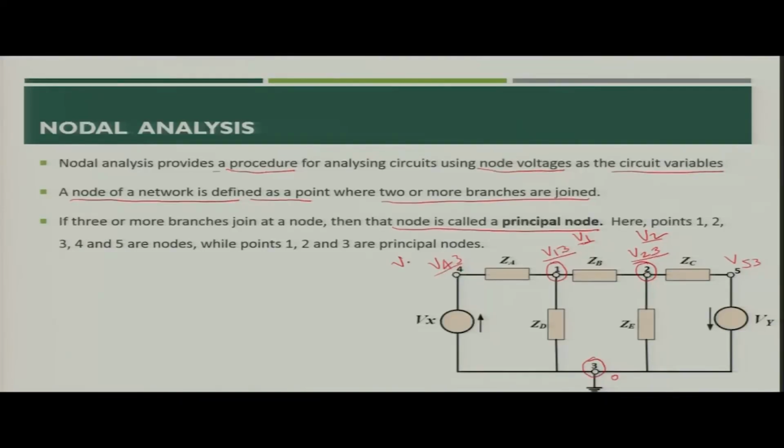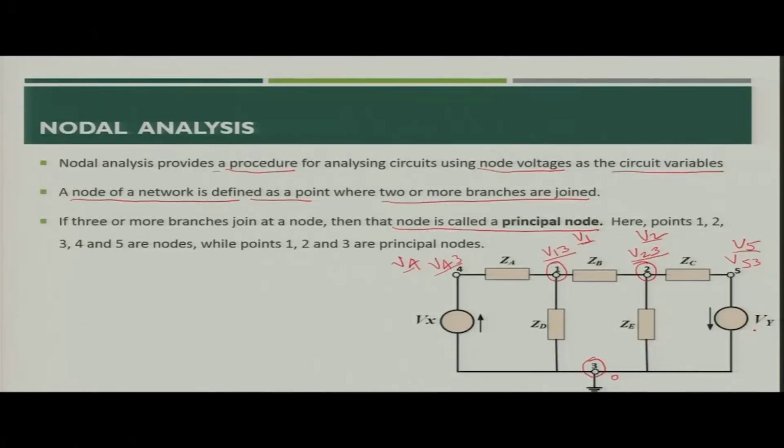If you are able to find the values of V1 and V2, you can find the values of V4 and V5. Here V4 3 can be written as V4 and V5 3 can be written as V5. When we know V1 and V2, we can find V4, because that is simply V1 minus Vx. For V5, if we know V2, we can find V5.